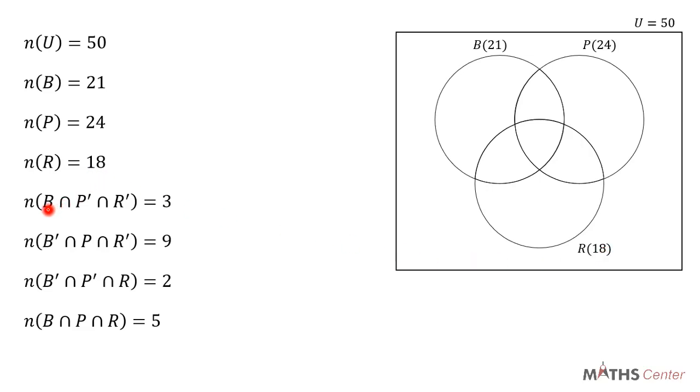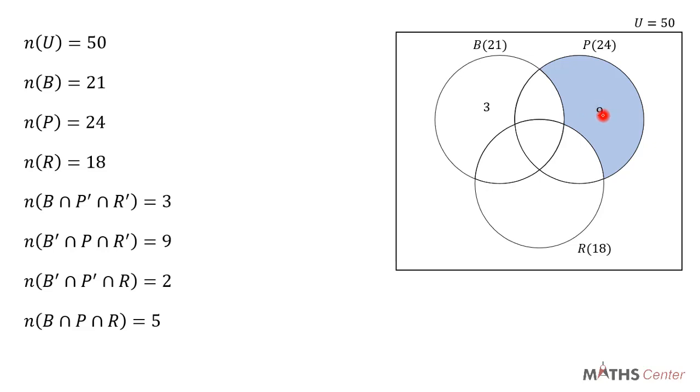The question says that the number of B intersection P complement intersection R complement is 3. So the number of B only is 3. On our Venn diagram, the shaded portion here represents B only. So it means that the number of children here is 3. The next one is number of B complement intersection P intersection R complement is 9. So this is P only. On our Venn diagram, this shaded portion represents P only.